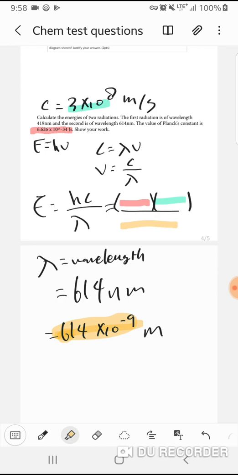And then if we put that in the calculator, we have 6.626 times 10 to the negative 34th power times 3 times 10 to the 8th power, divided by 614, divided by 10 to the negative 9th power, which we get.